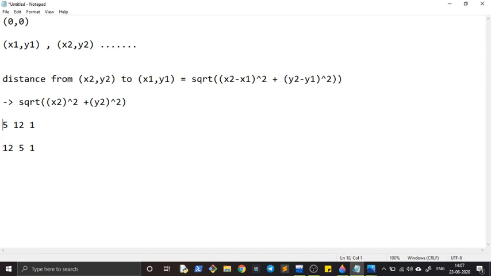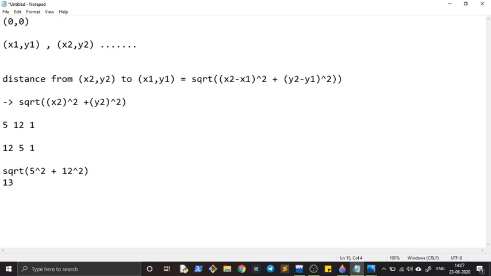The time taken for the first coordinate, 5, 12, and 1, to reach the origin: firstly we need to find the distance. The distance will be square root of 5 square plus 12 square, which gives square root of 169, which is 13. So the distance will be 13.